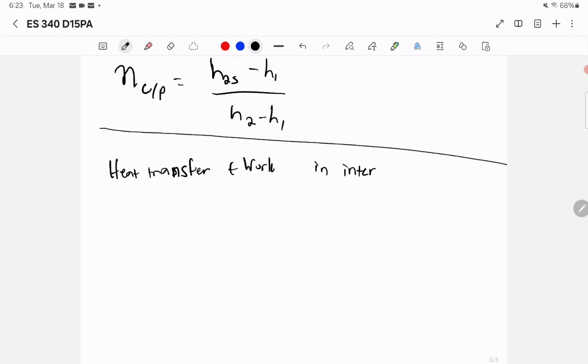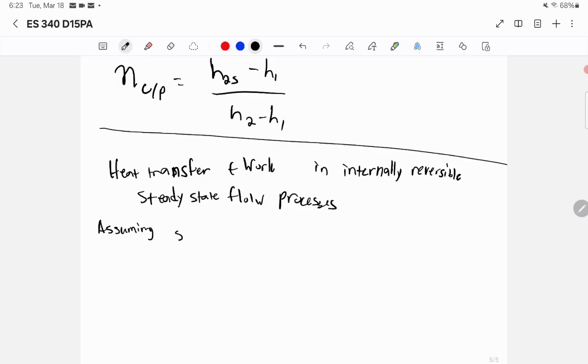An internally reversible steady state flow processes. So if it's internally reversible, assume single heat transfer, internally reversible, steady state.